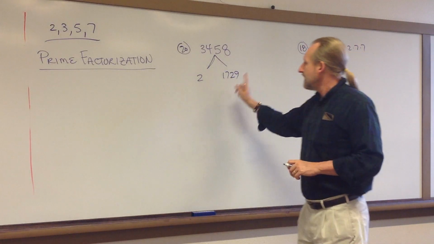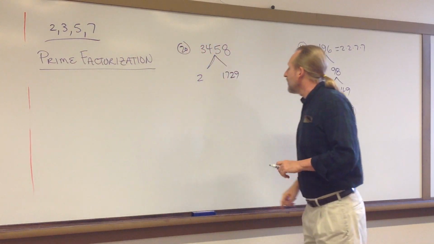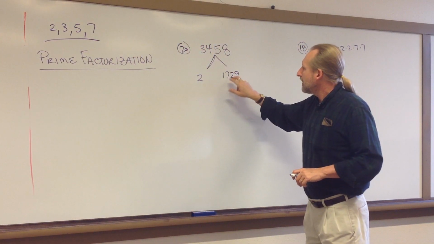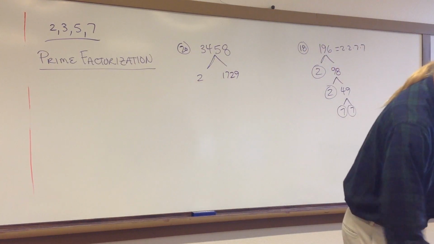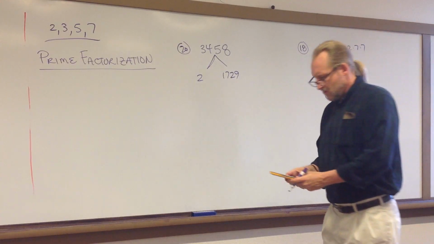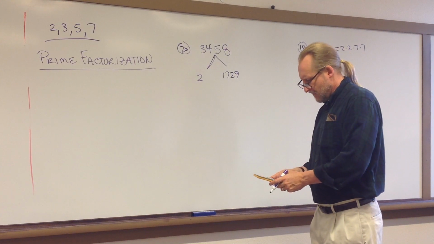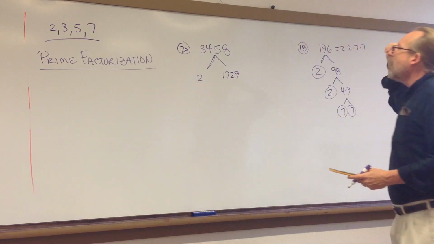1729. It's not even. It's not divisible by 5. Let's add them up and see if it's divisible by 3. 10 and 9 is 19. It's not divisible by 3. And you can do that just with the calculator. You can take 1729 divided by 3 and see, you don't get a whole number. Okay. What else?